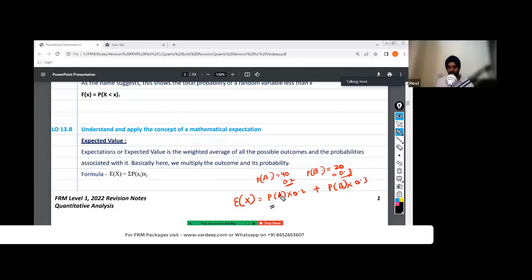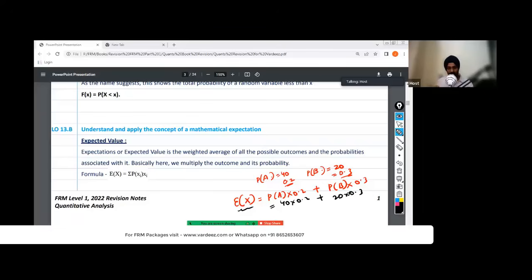So I can just write 40 into 0.2 plus 20 into 0.3. Once I solve this, I will have the expected value of the random variable.